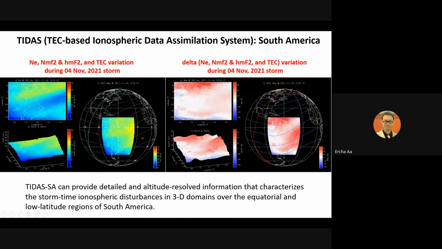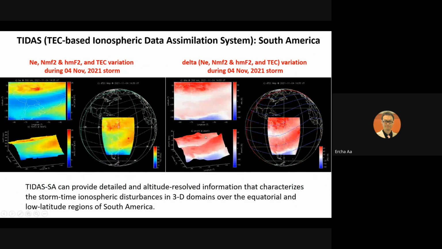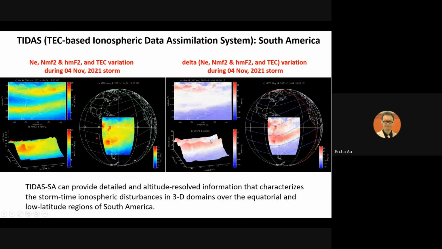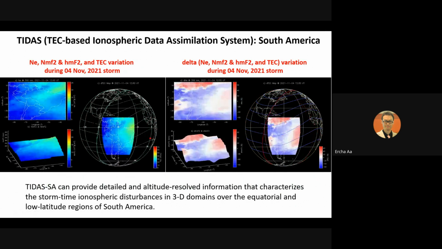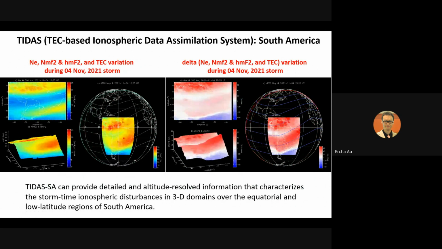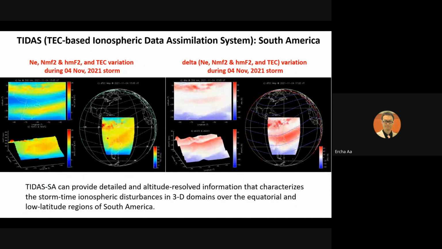And we can also see an elevation enhancement of the peak height. That means the fountain effect is increased due to the penetration electric field. That's one of the reasons causing this positive ionospheric storm phase.